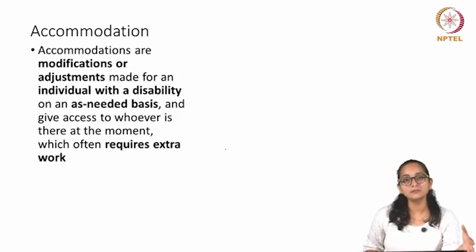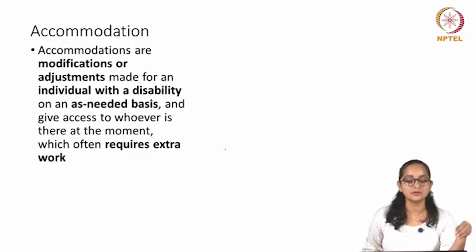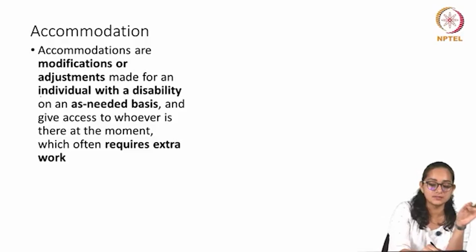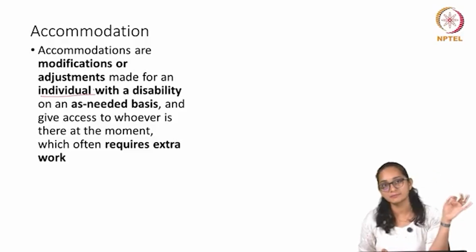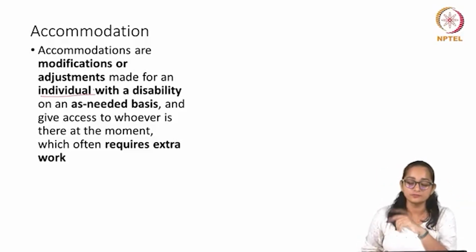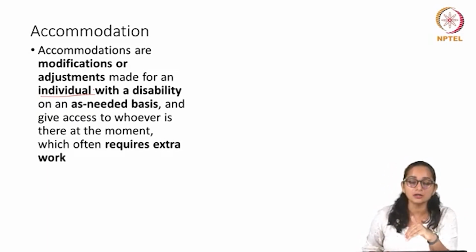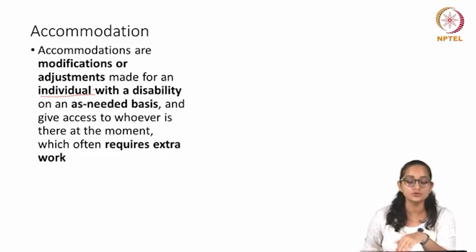So accommodation, as per a definition, are modifications or adjustments made for an individual. This is the most important aspect of the definition of accommodation. It is not an inclusive solution, it is not a universal solution.